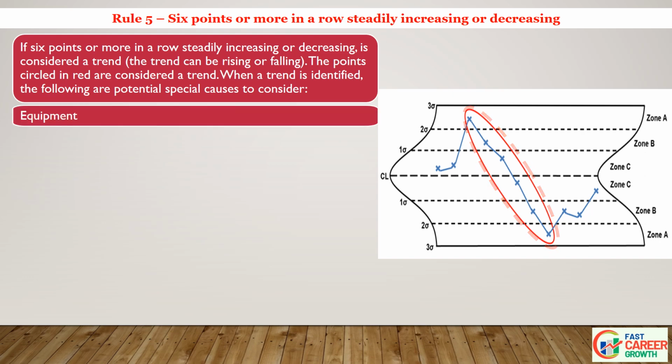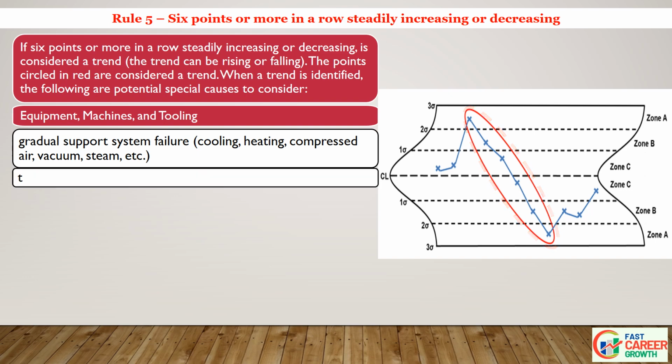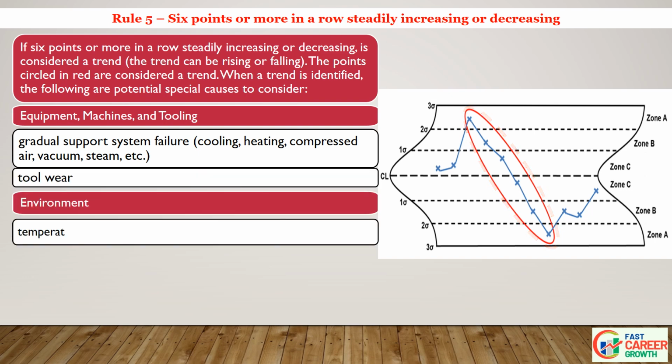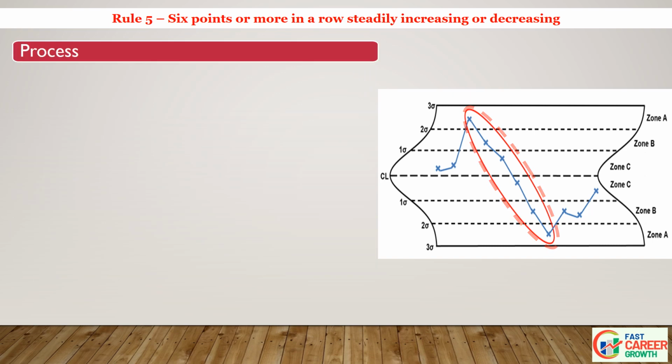Equipment, machines, and tooling. Gradual support system failure, cooling, heating, compressed air, vacuum, steam, etc. Tool wear. Environment. Temperature gradually drifting to low or high. Humidity gradually drifting to low or high. Process. Process is slowly degrading.